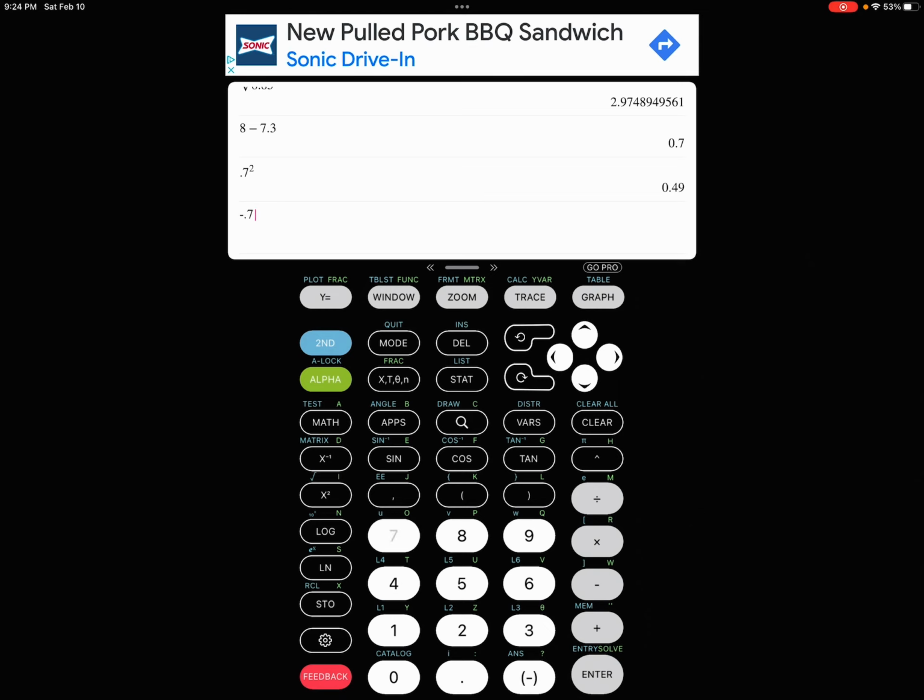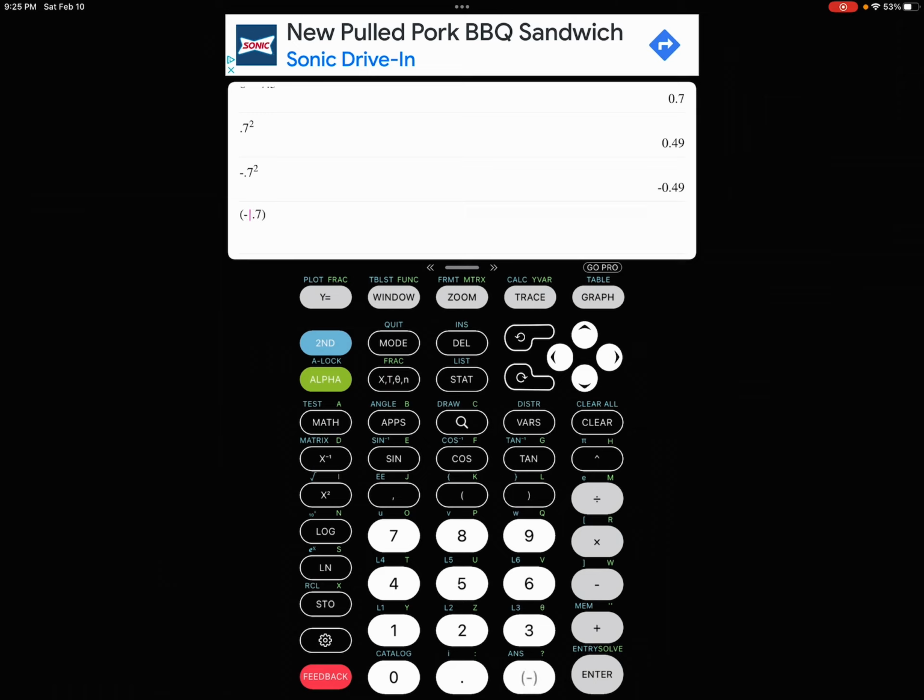Notice if this was negative 0.7 squared without parentheses, no parentheses on the negative, and look at what my value is, negative 0.49. So again, your negative values have to be in parentheses.